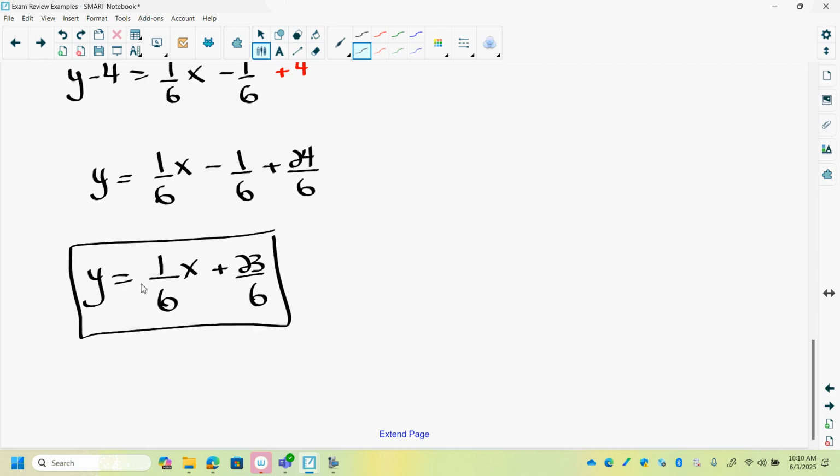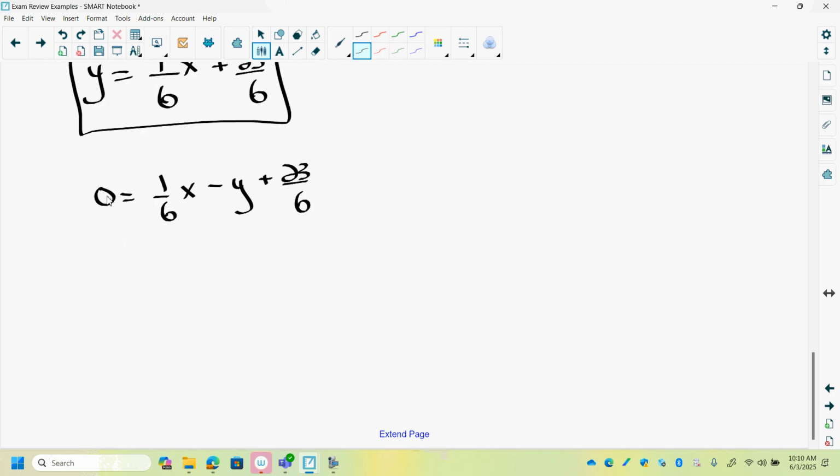What's the textbook going to do? The textbook's going to bring everything to one side, like this. And then they're going to multiply everything by what? To get rid of the fractions.